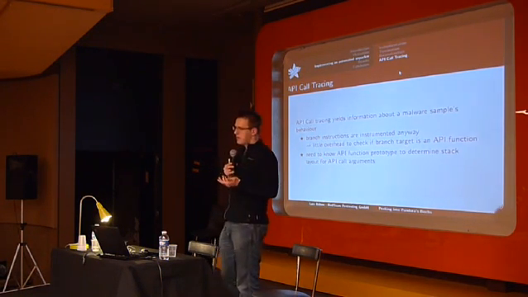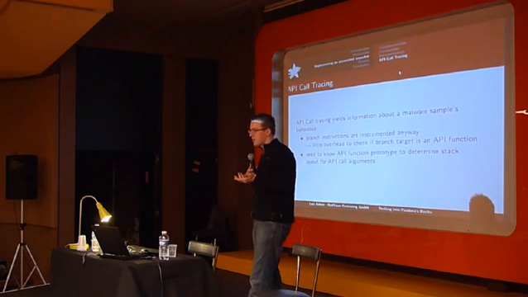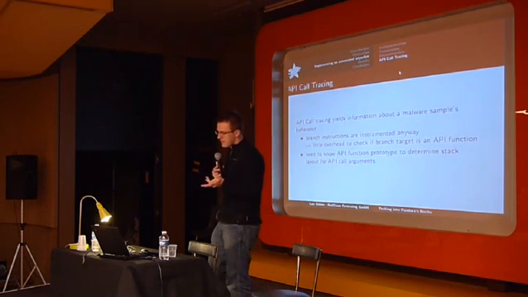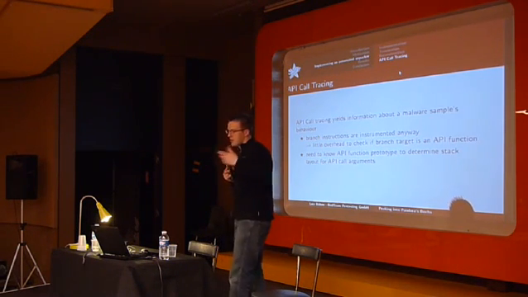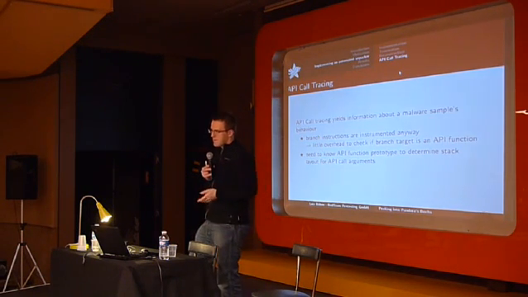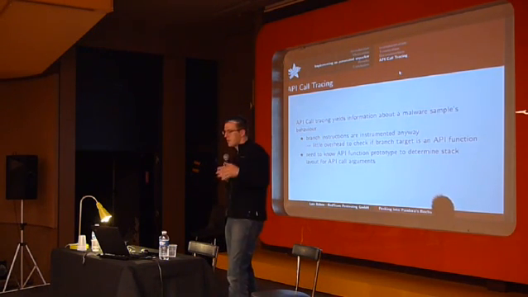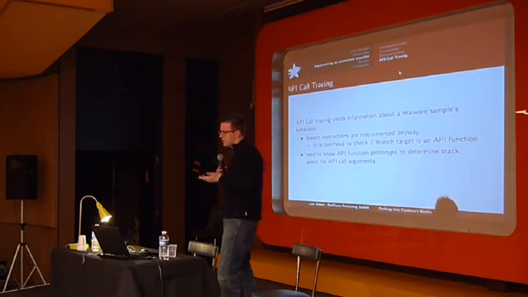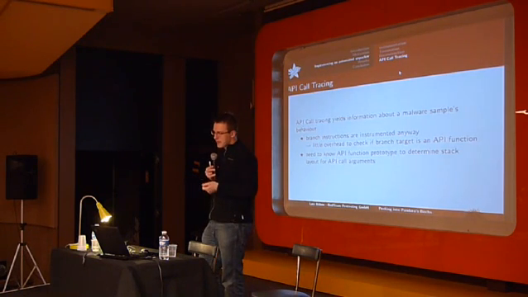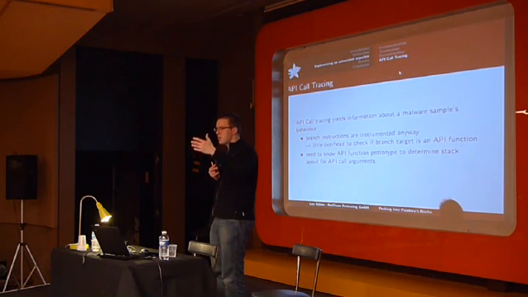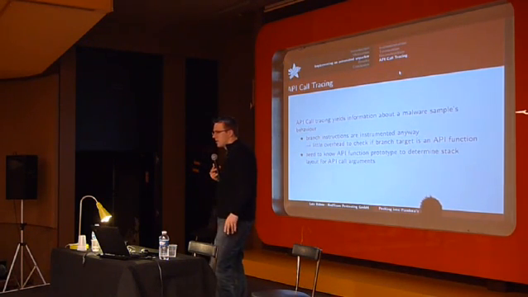What I implemented then was API call tracing. Because I thought, well, branch instructions are implemented anyway. I take note of every branch instruction, so it shouldn't be that much more expensive computationally to just check whether the branch target is an API function. So using this information, I can at least see which functions are being called.